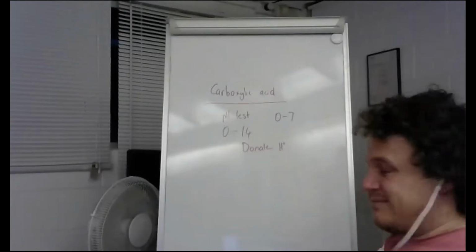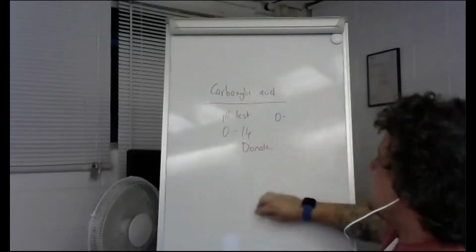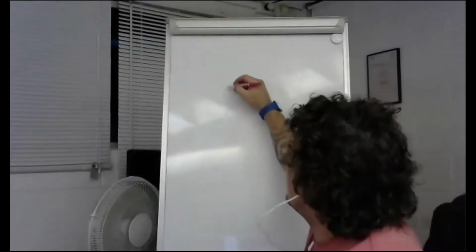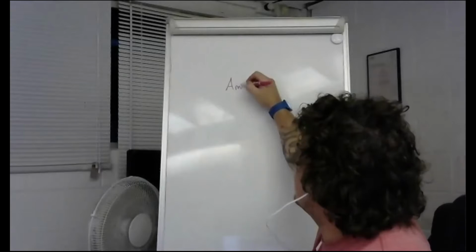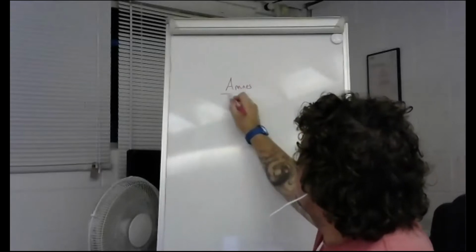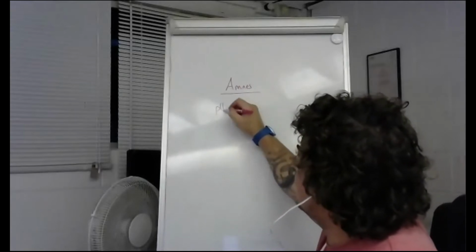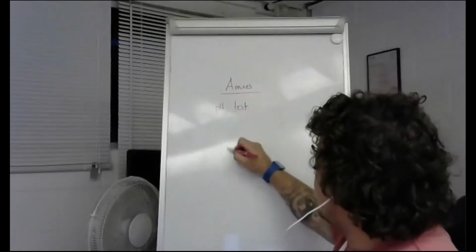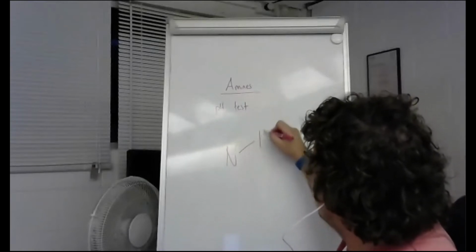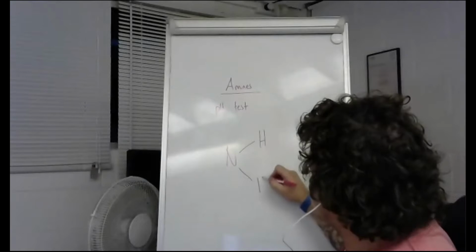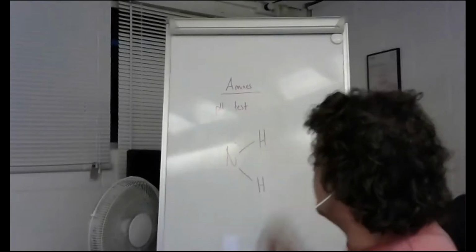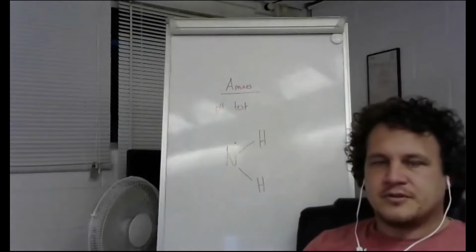And I'm not going to spend much time on this at all, because there's only a few of them that have really simple tests. We can test for the presence of amines, again, through our pH test. On the end of the amine molecule, nitrogen has a lone pair of electrons.